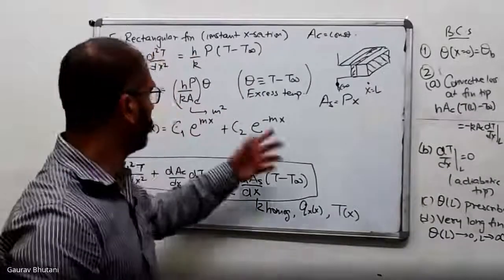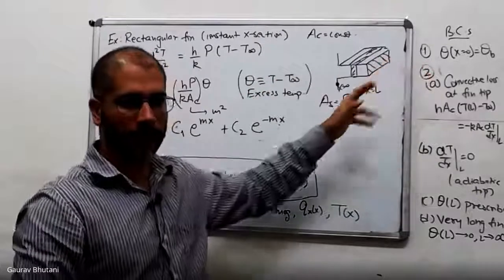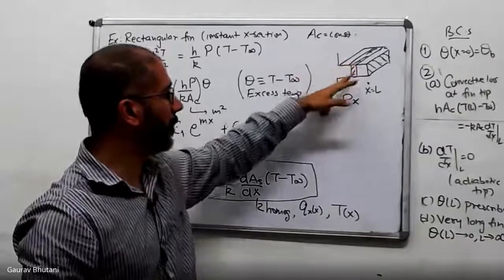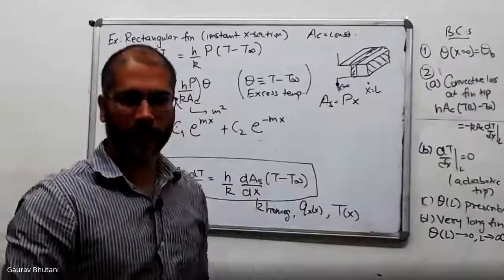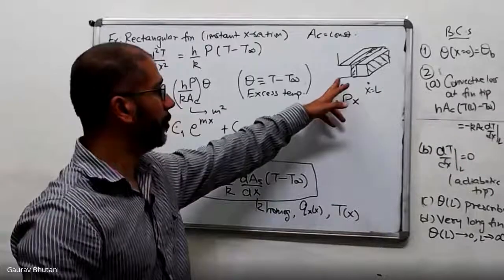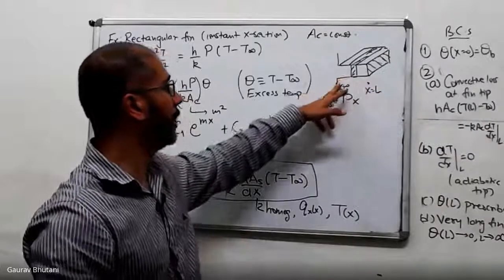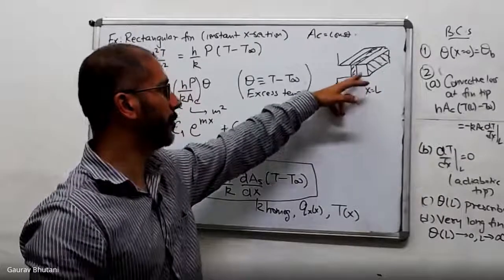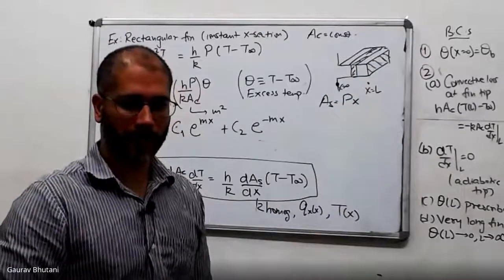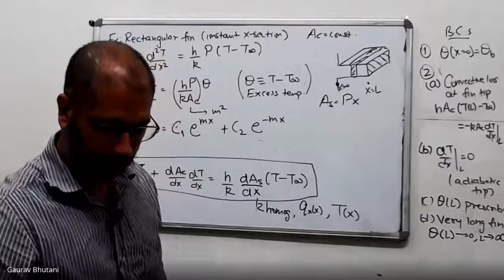Theta, remember, was the excess temperature. Since the fin is very long, heat keeps getting lost from the surface. The base was very hot, and all the heat got lost from the surface of the fin, and the tip ultimately was at the same temperature as T equals T infinity.